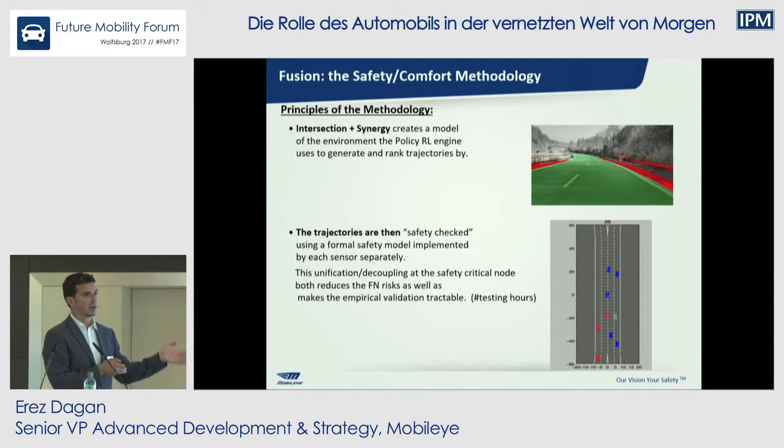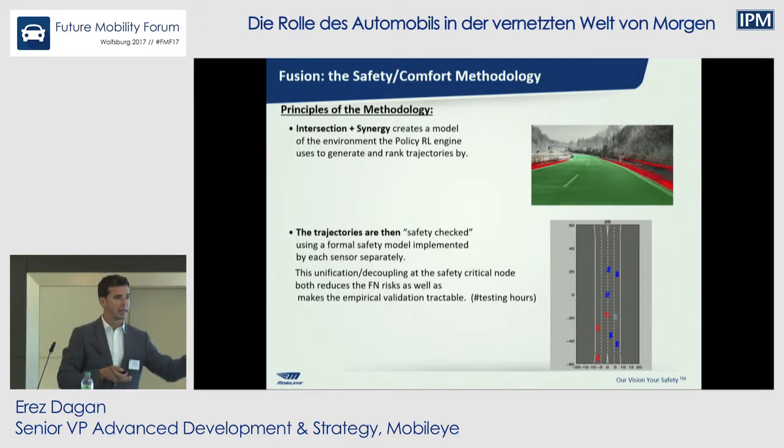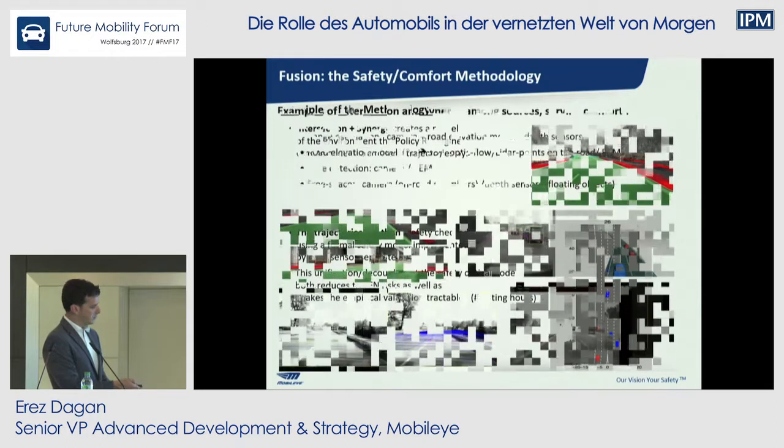You're not very paranoid in that case. But you still just plan your path ahead, and then you have safety checks for the trajectories that are more paranoid, that are more careful.